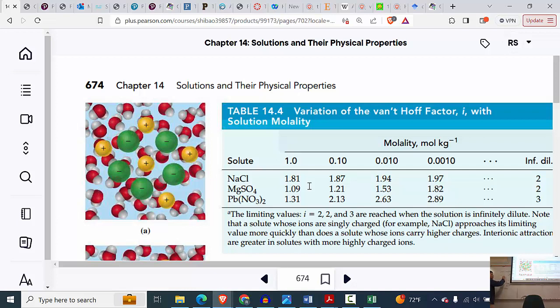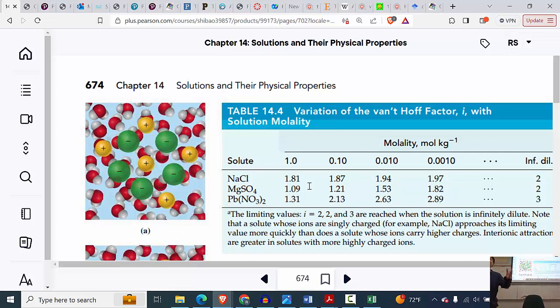If the concentration gets too big, then we shouldn't be using these ideal concentrations, the stoichiometric concentration. We should be using the effective concentration. Instead, what we should be doing is replacing all these concentrations with activity. But we're not going to do that.